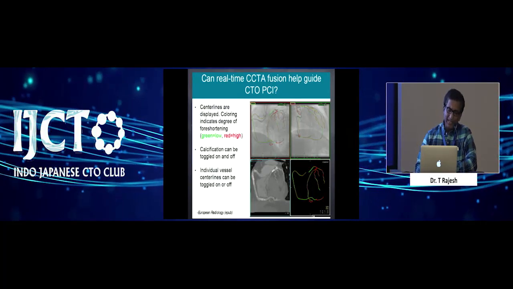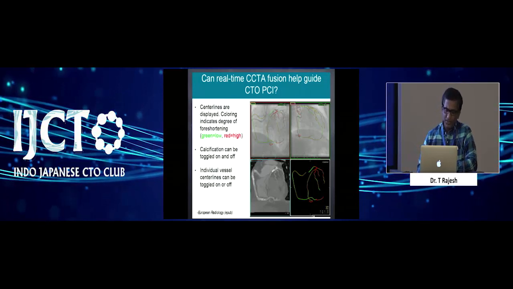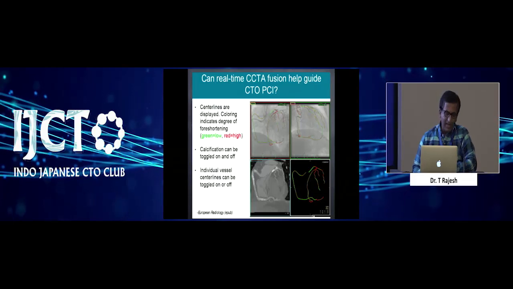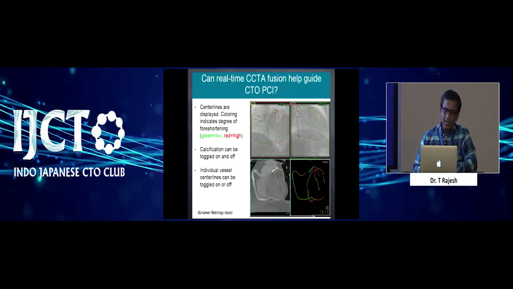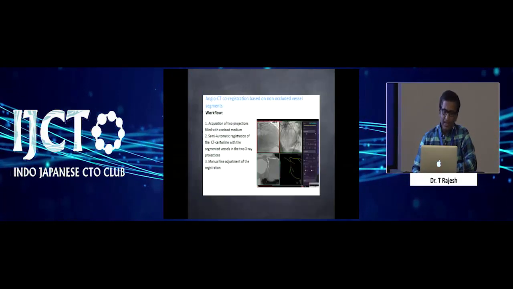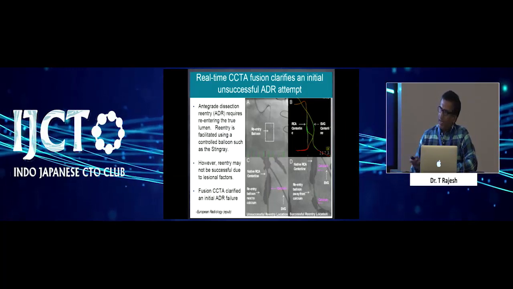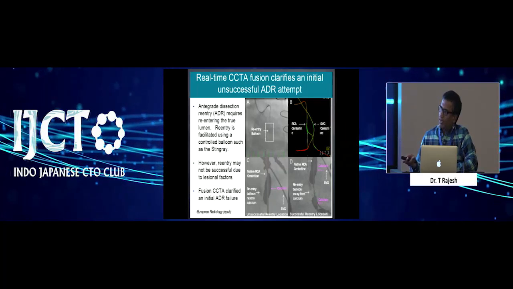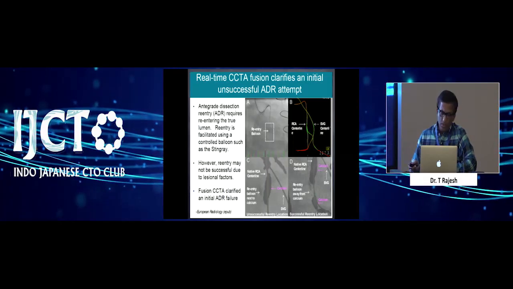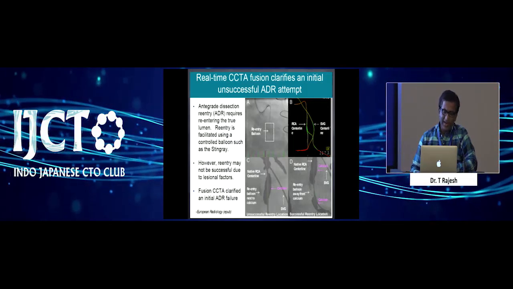We bring it into the cath lab, superimpose those images of the CT and the cath lab procedures, and then plan the wire tracking as well as the trajectory of the wire crossing based on superimposed images of CT as well as the conventional angiogram. This is an example of how, in a patient who had a Stingray or blunt dissection done, we could use this co-registration to achieve successful recanalization.